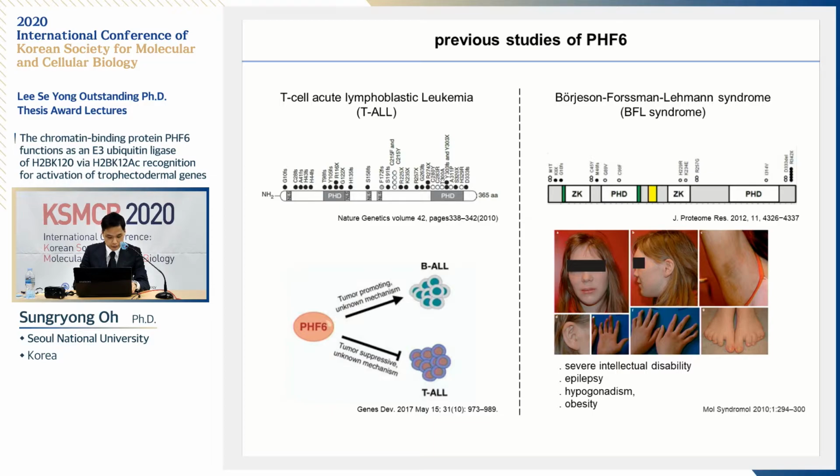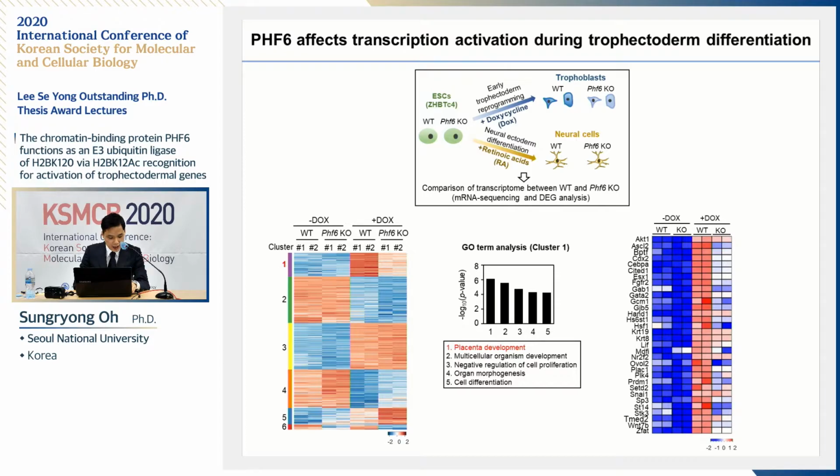Through these previous reports, I have conducted a study to find the importance and molecular mechanism of PHF6 in early stages of development. To see how PHF6 affects early development, I generated PHF6 knockout cells from the E14Tg2a embryonic stem cell line.